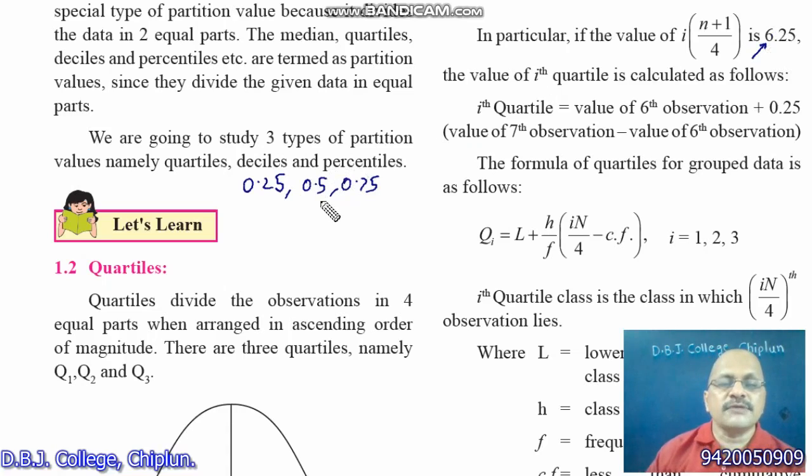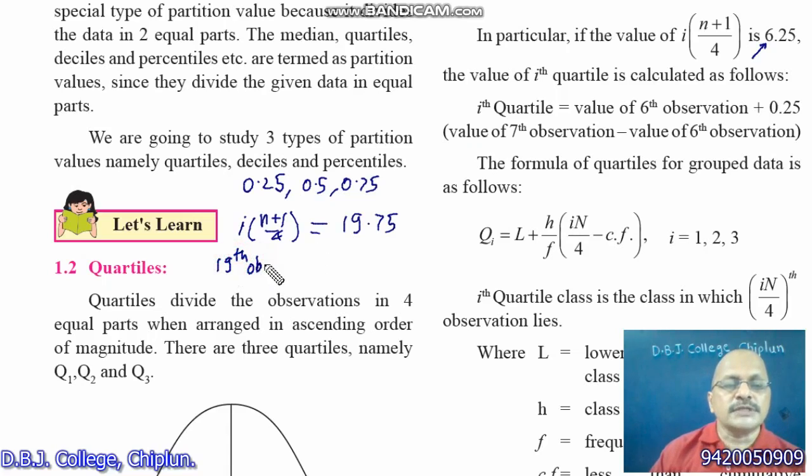If 0.5 is the fractional part, then in place of 0.25 I will write 0.5, but this bracket will remain the same. For example, if this i into (n plus 1) upon 4 comes to be say 19.75, then this means the 19th observation plus 0.75 times the 20th minus 19th observation.